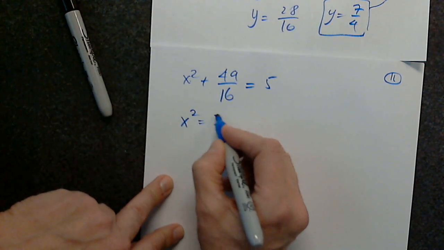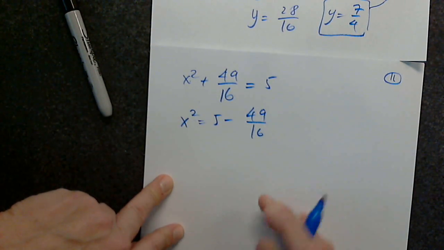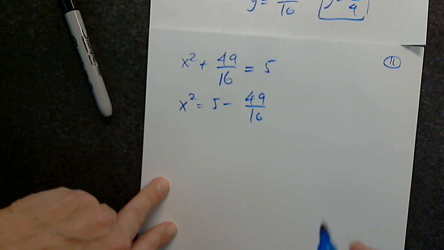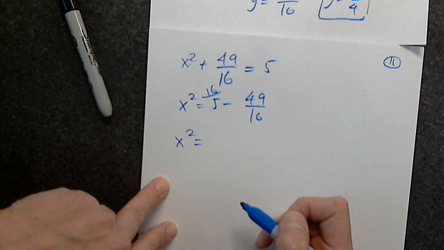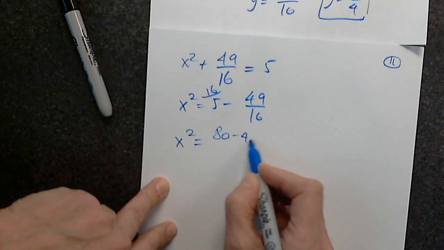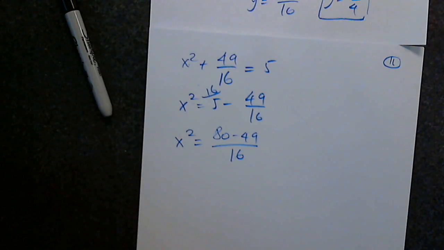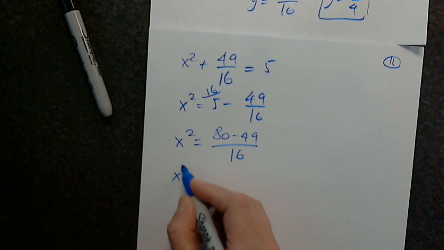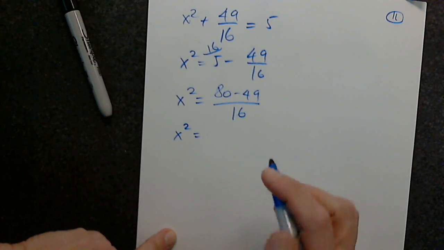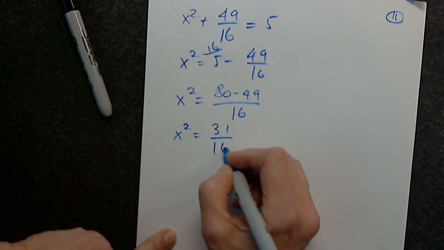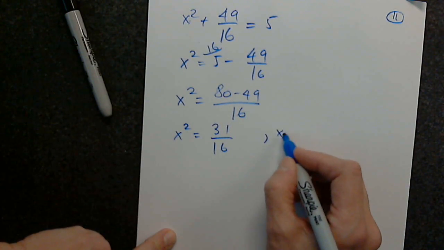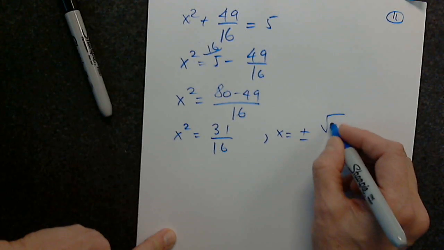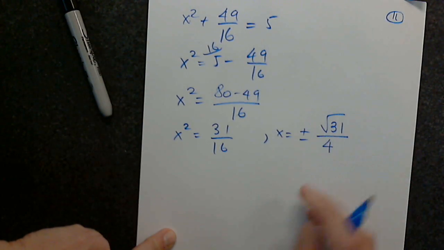And x squared equals 5 minus 49 over 16. We have to find the least common denominator. So x squared equals 80 minus 49 over 16. Also, x squared equals, is it 31? I think so. So then x equals plus or minus the square root of 31 over 4.